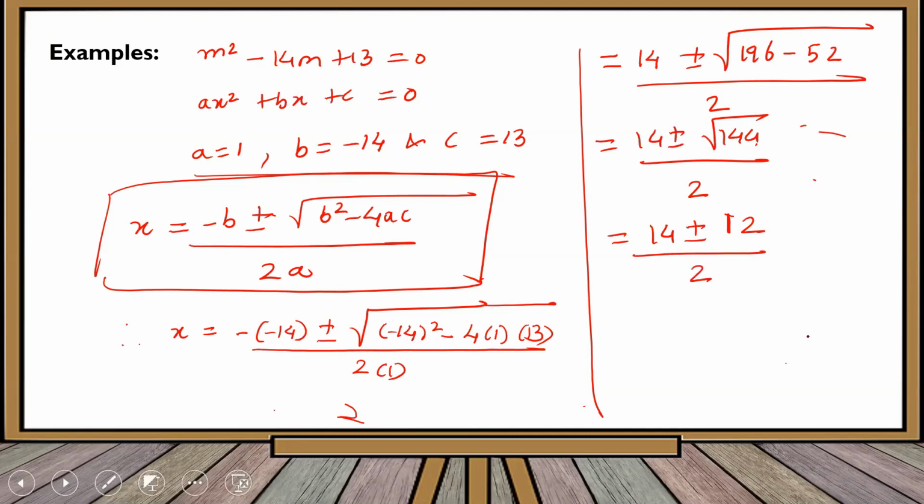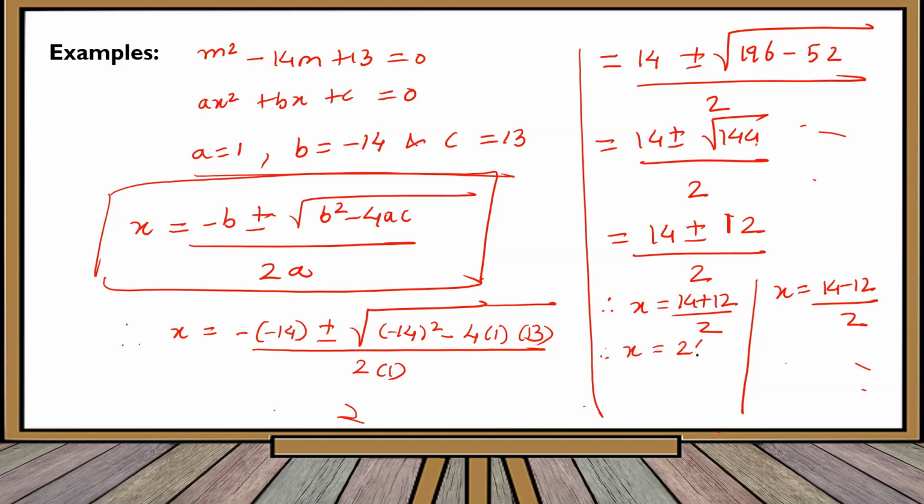So now we need to split this plus minus. Therefore x is equal to 14 plus 12 divided by 2, or x is equal to 14 minus 12 divided by 2, right? So that's equal to 26 divided by 2, so x is equal to 13.